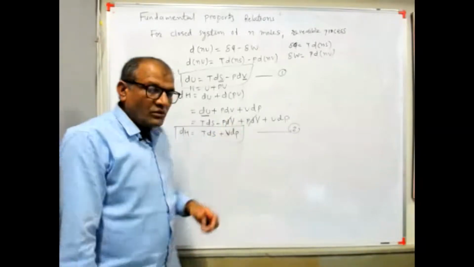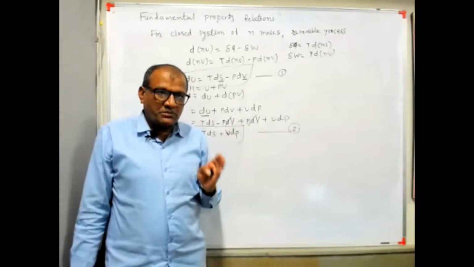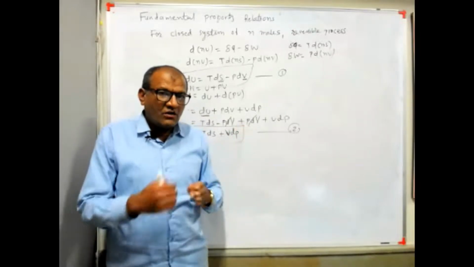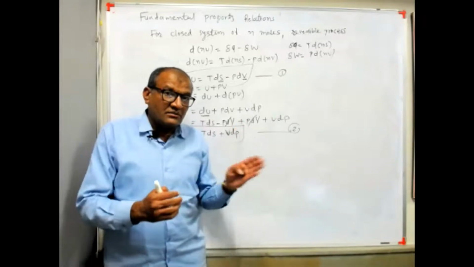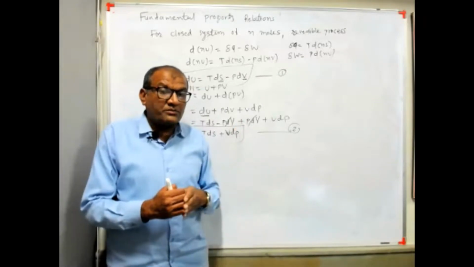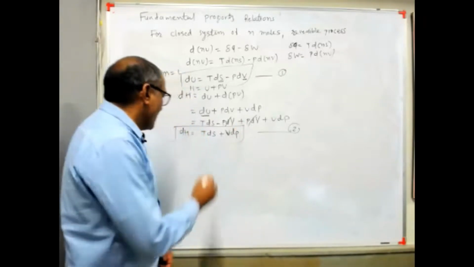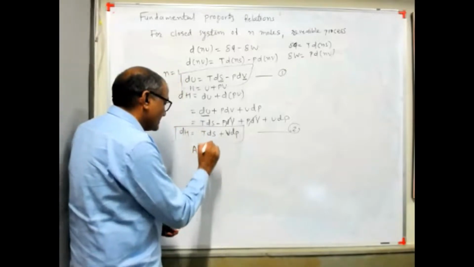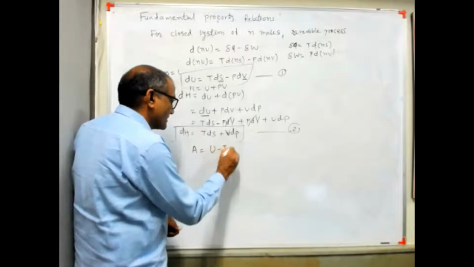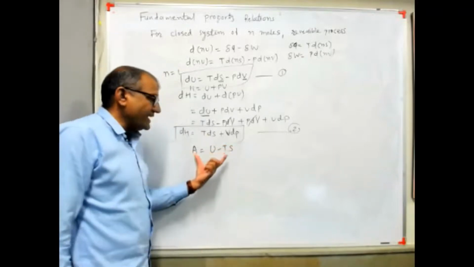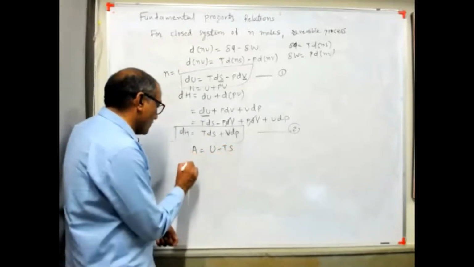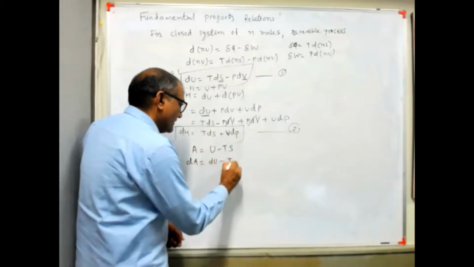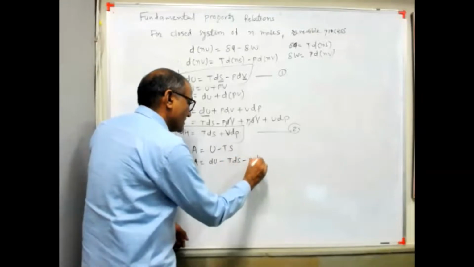Okay, now the other important properties are Helmholtz free energy and Gibbs free energy. What are these properties? Please check the other video on thermodynamic potential. I am writing the definition of Helmholtz free energy, that is A equal to U minus TS. If I write this equation in differential form, then dA equal to dU minus T dS minus S dT.